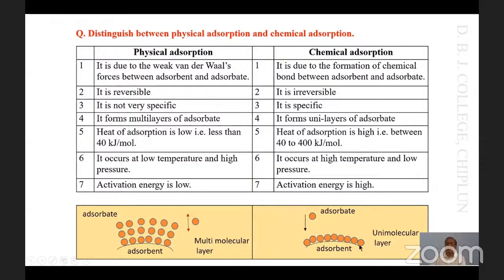by the chemical bond between the adsorbent and the gas molecules, then by changing the pressure of the gas, it is not possible to remove that layer from the surface of the adsorbent.